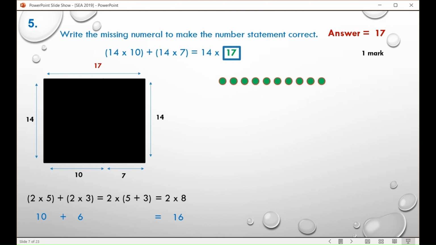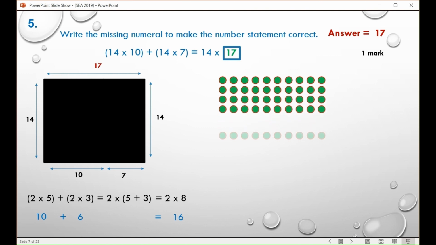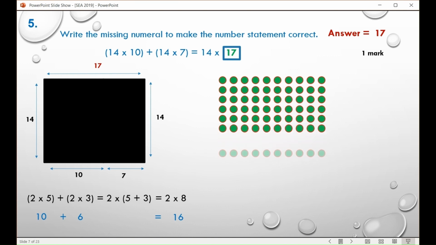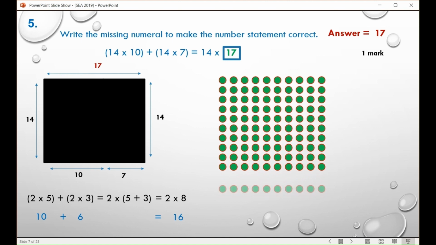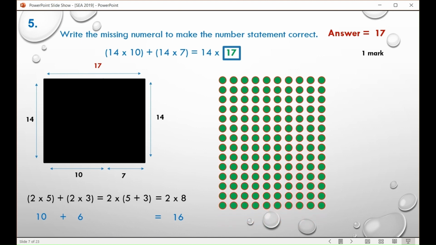Or some students prefer this method where we see we have a group of 10 and we have 1, 2, 3, 4, 5, 6, 7, 8, 9, 10 tens, 11 tens, 12, 13, 14. So we have 14 groups of 10, which is our first brackets, and we have a group of 7. And how many groups of 7 do we have?